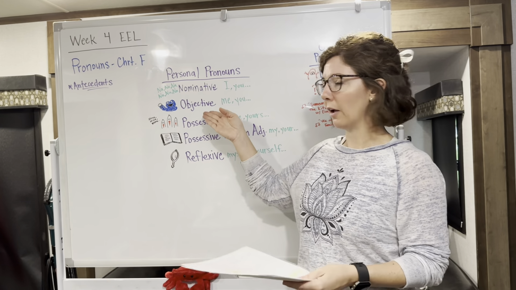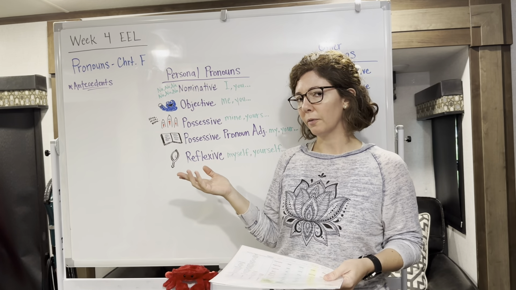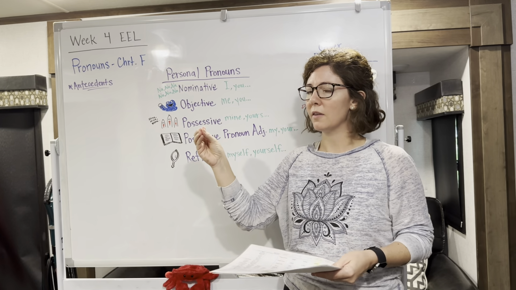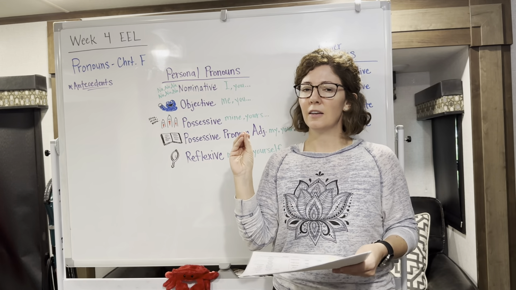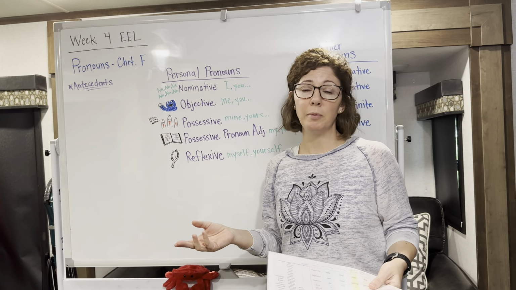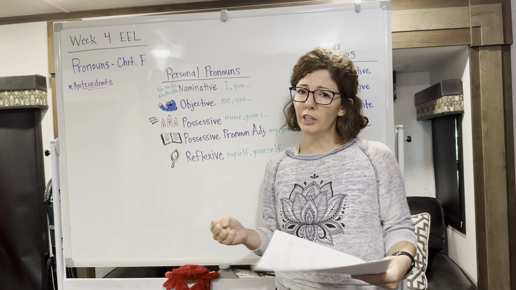So we'll go into objective. For objective, we reference Cookie Monster, because Cookie Monster wants his object, he wants his cookie, and he doesn't ask for it properly. He does not say, may I please have a cookie? He says, me want cookie.